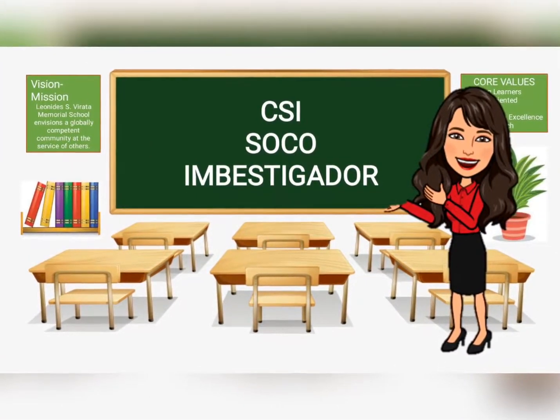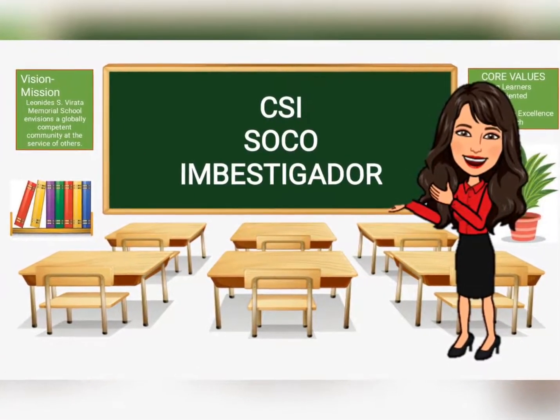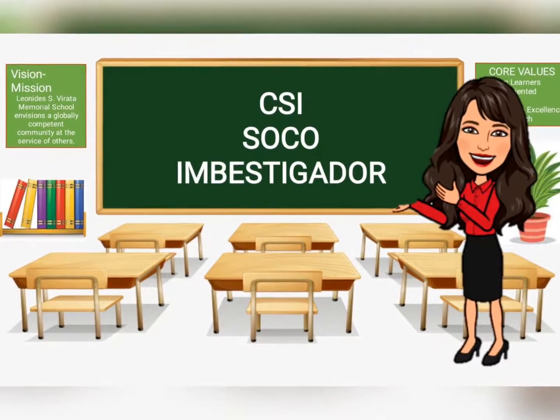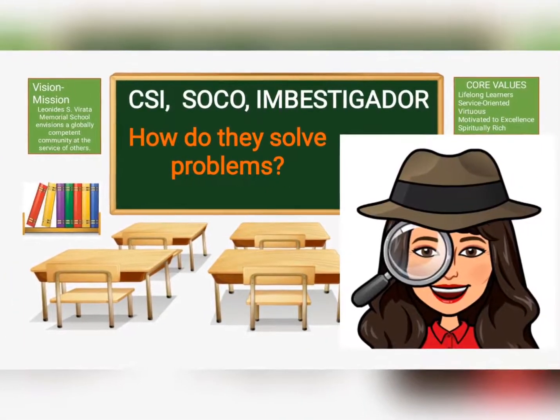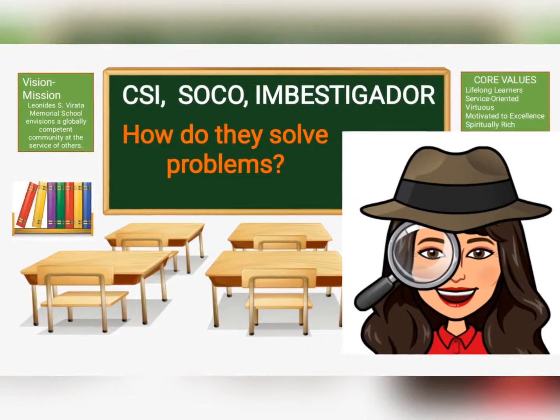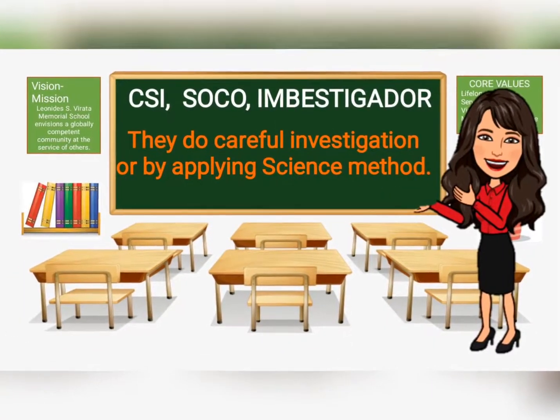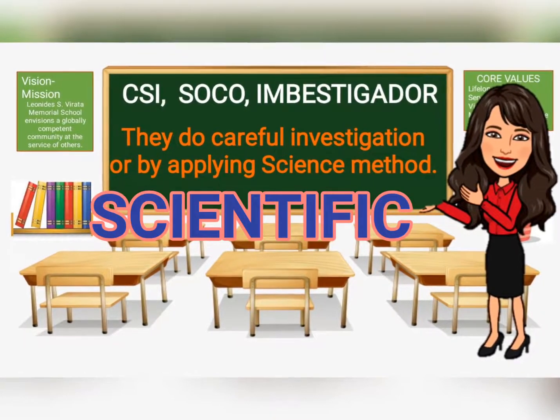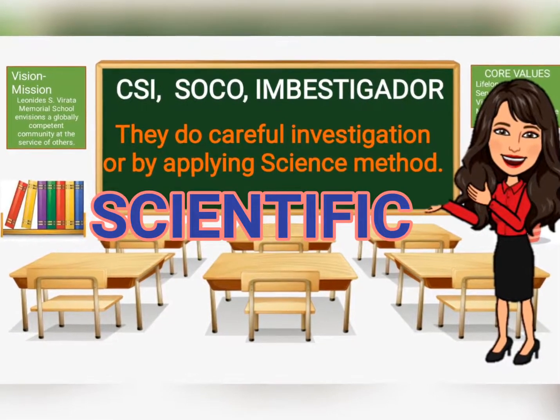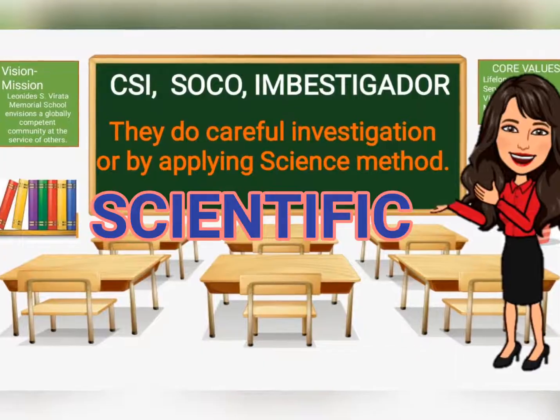Are you familiar with the CSI, SOCO, or investigador? How do they solve problems? You are correct. They do careful investigation or apply the scientific method. You're doing great, my dear students.